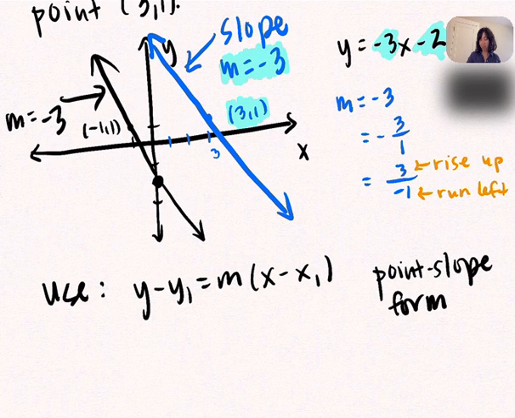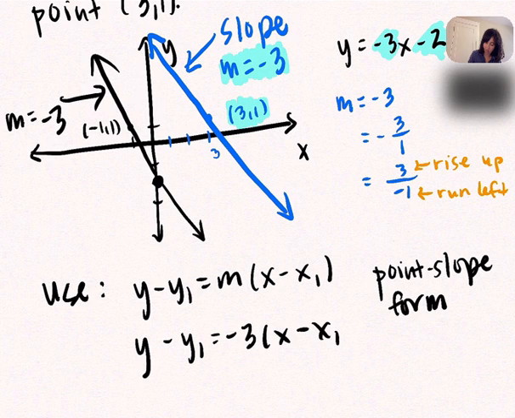Because if we have the general equation for a point slope form, we can then plug the slope of the line in, which is negative 3, and then we can plug our specific point 3, 1 in for x1 and y1. So if I plug the slope in, I get this.